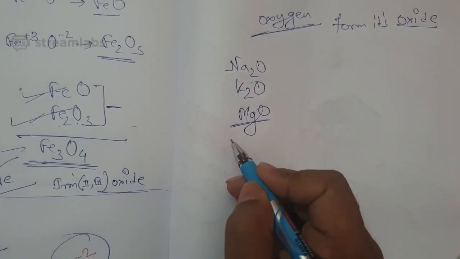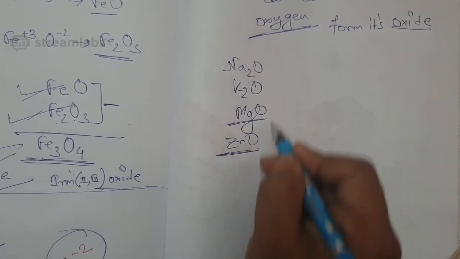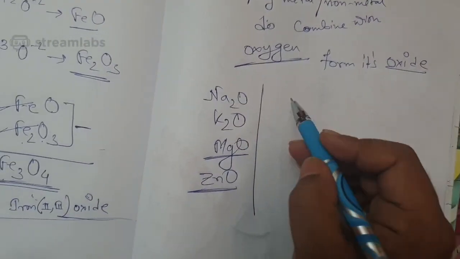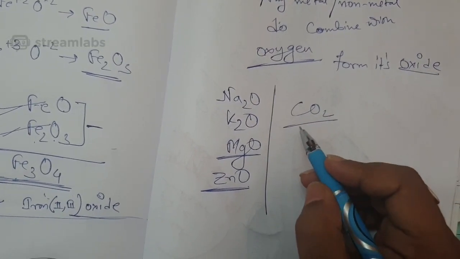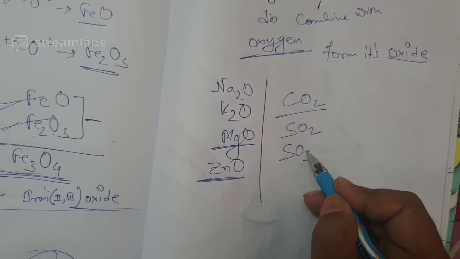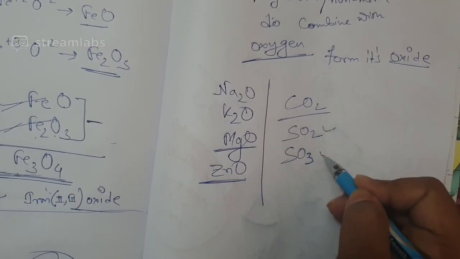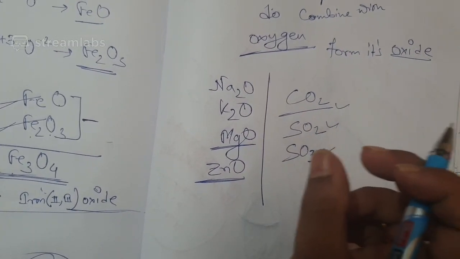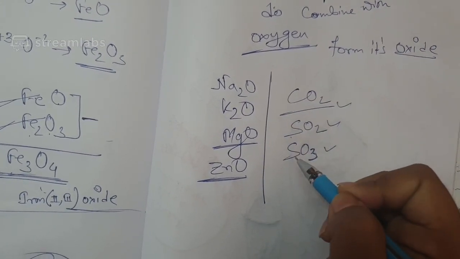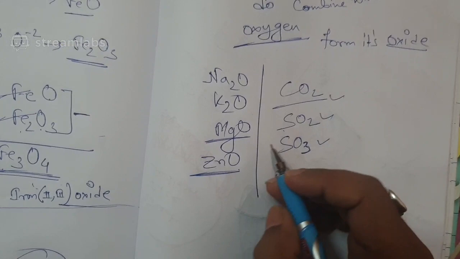Suppose for example, zinc also has its oxide, ZnO, and writing down the formula of the oxide is very easy. Then there is carbon dioxide, sulfur dioxide, sulfur trioxide, and in these cases valency exchange is not the matter. Just listen to the name carefully: carbon dioxide, sulfur dioxide, sulfur trioxide, that is simple.